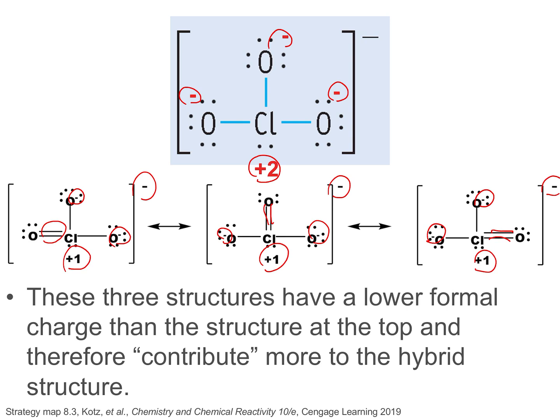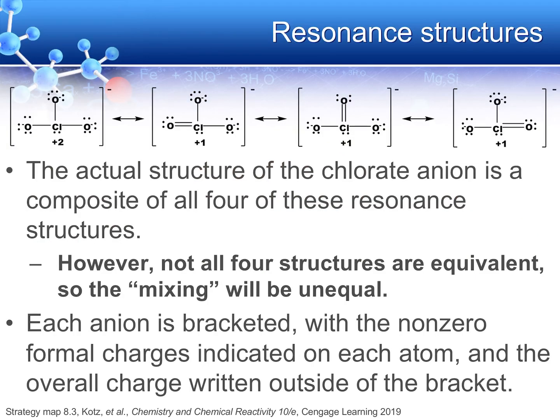And plus, in these structures here, these oxygens that are doubly bonded don't have any formal charge at all. So these structures will contribute more to the hybrid structure. So what we should really do if someone asks us to draw a structure of chlorate is draw all four. But these three structures right here are going to contribute more to the actual hybrid structure.